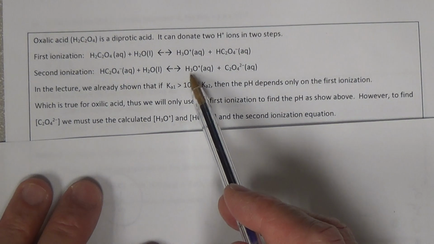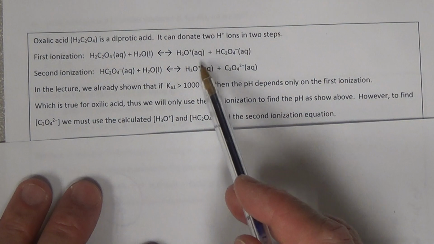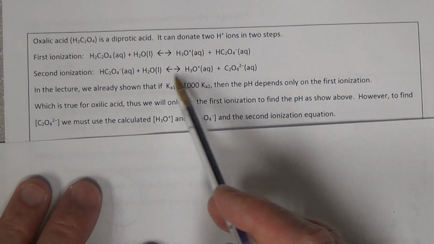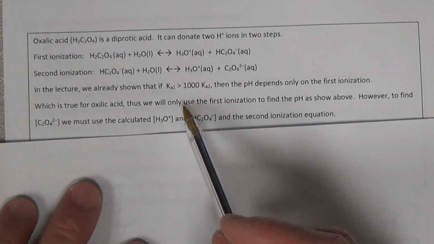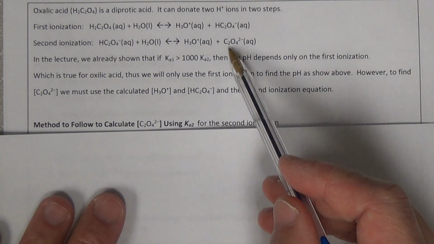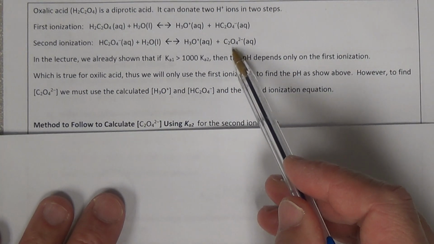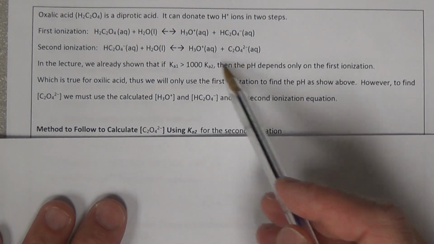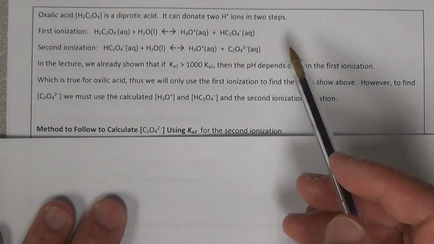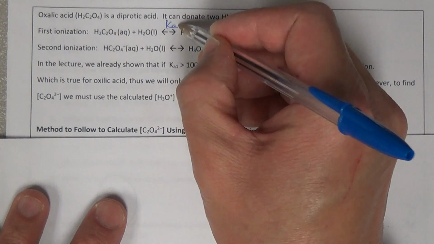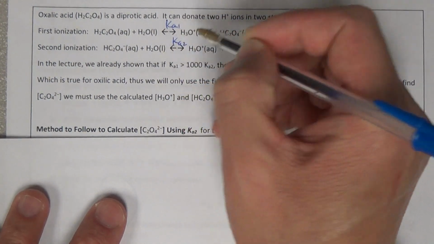As we said, the second ionization will give much less H3O+ compared with the first one, so we'll neglect the contribution of H3O+ from this second equation, and so we have the number for the pH already. But if you want to find out the concentration of this one, it only appears in the second equation, so you have to use this second ionization. The second ionization will have that Ka2. So this has the equilibrium Ka1, and this has the Ka2.